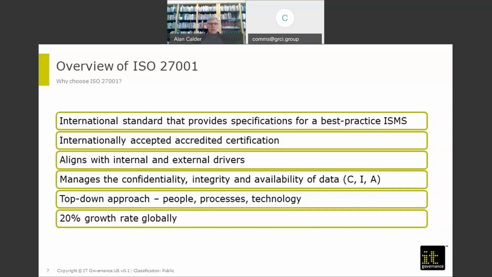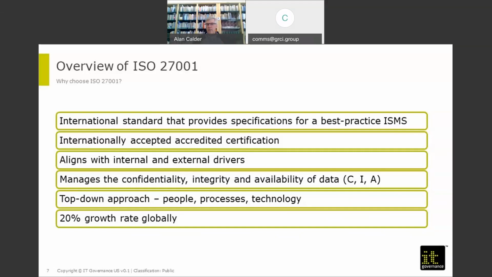It's designed and written so that an organization can align its cybersecurity practices with internal business and external compliance, risk management and governance drivers, typically legislative. And it's designed fundamentally to help organizations manage the confidentiality, integrity, and availability of their data, what are usually called the C/I/A of information.